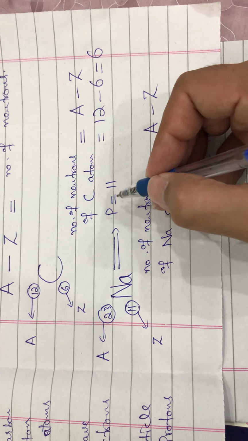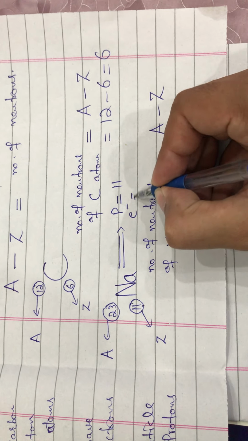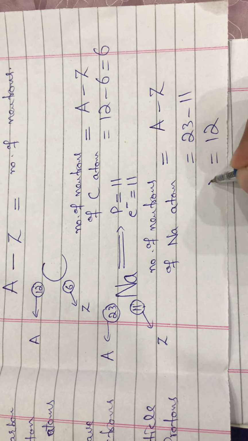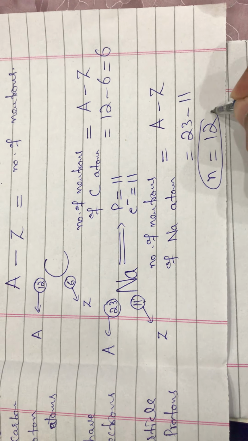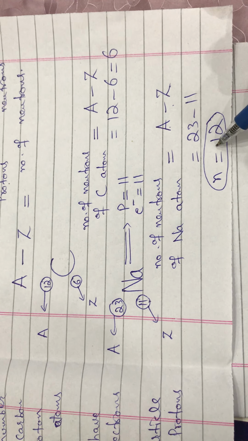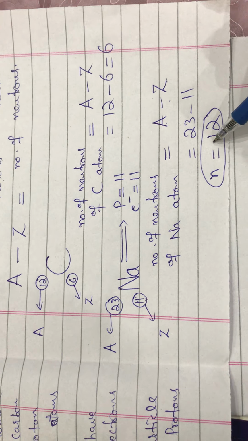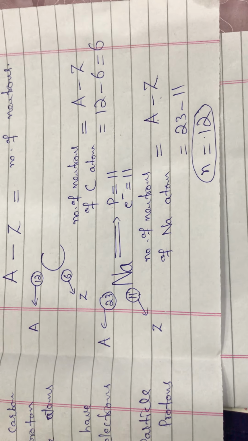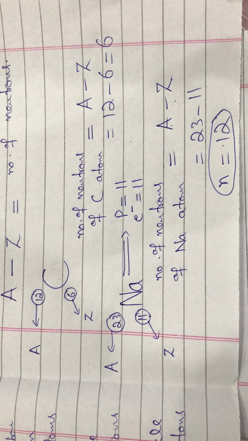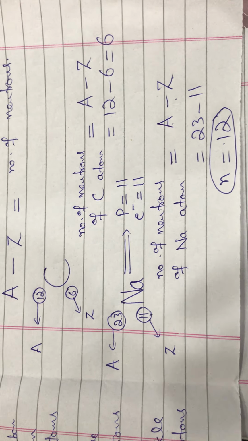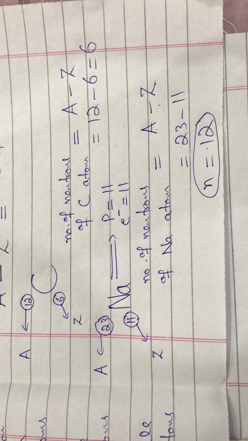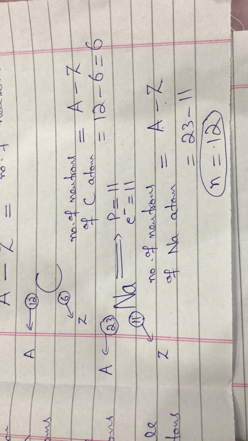As we have the same number of protons and electrons in an atom, so electrons will also be 11. And we have calculated the neutrons in the atom of sodium, which are atomic mass minus atomic number, which are 12. So this is about the atomic structure, subatomic particles, atomic number and nucleon number. Hope you get this concept clearly.